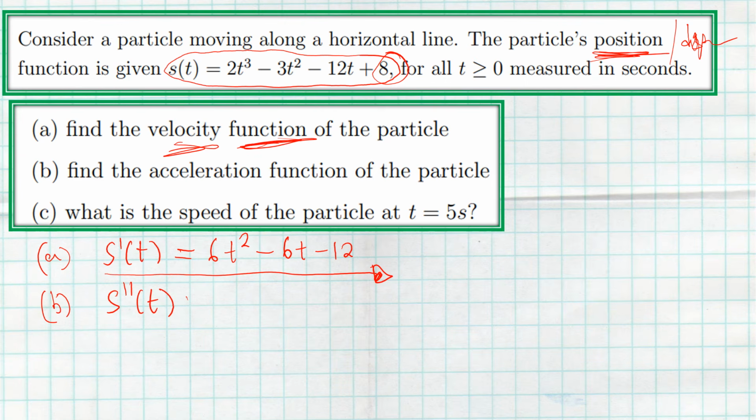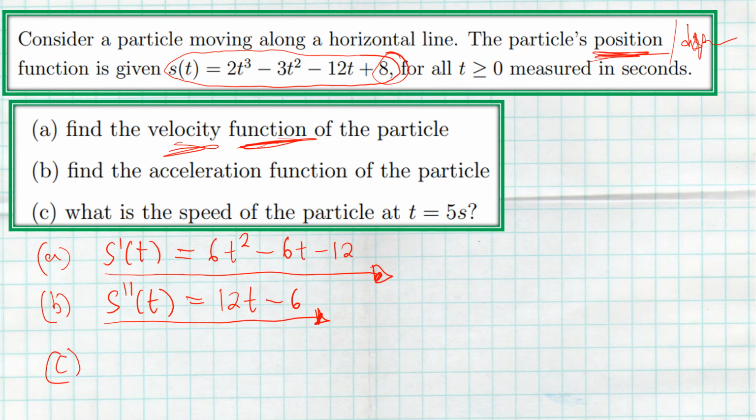So when we derivate this again, it's going to be 6 times 2, it's going to be 12. T, 2 minus 1 is going to be t. Minus 6 times 1 is going to be minus 6. T exponent 1 minus 1 is going to be t exponent 0, which is the same as 1, right? So minus 6 times 1 is minus 6. So that one will be our what? Our acceleration function.